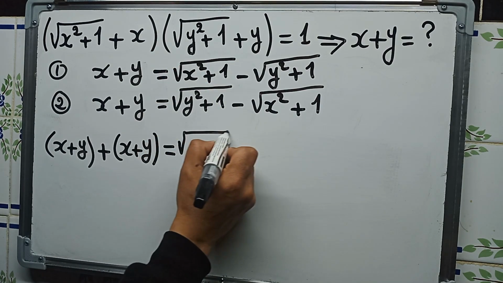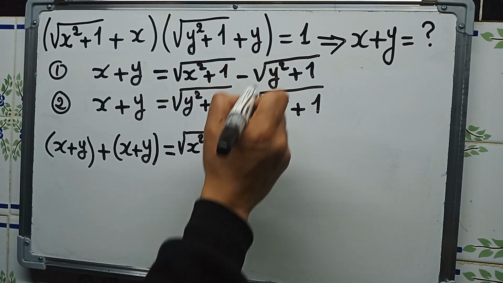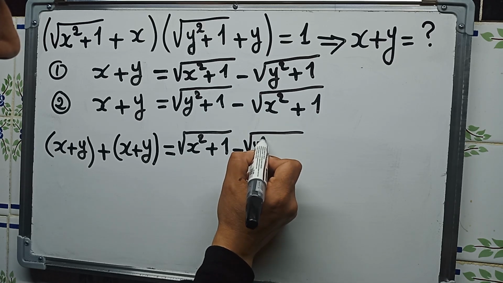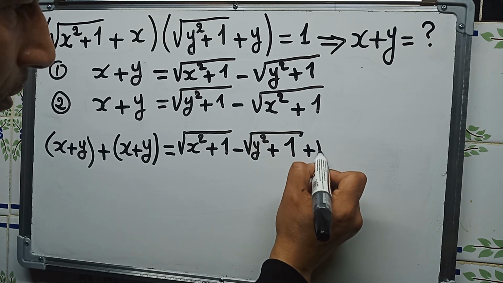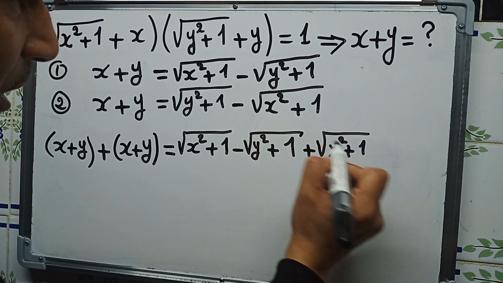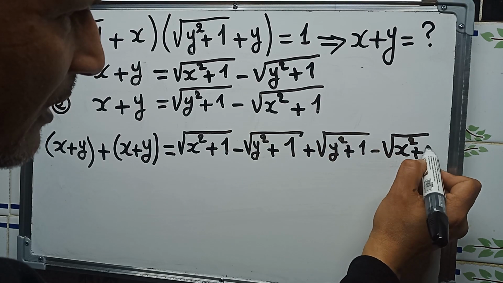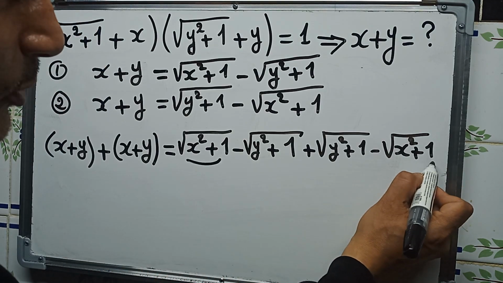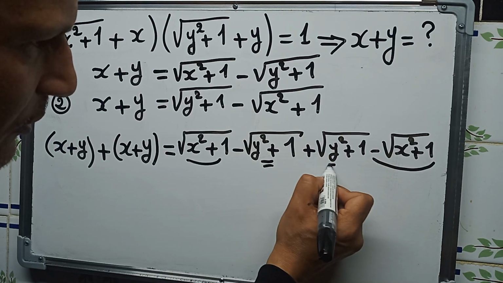So square root of x squared plus 1 minus square root of y squared plus 1, plus this term, plus square root of y squared plus 1 minus square root of x squared plus 1. And here you see this number is the opposite of this number, and also this number is the opposite of this number.